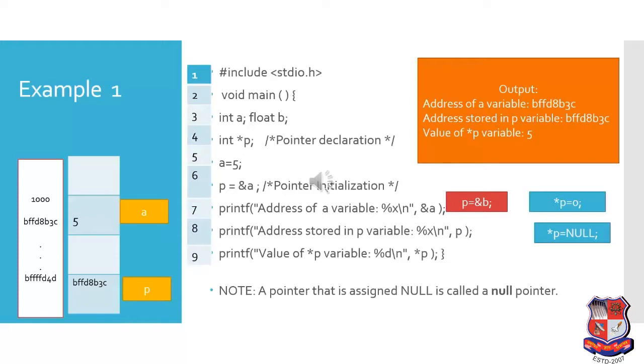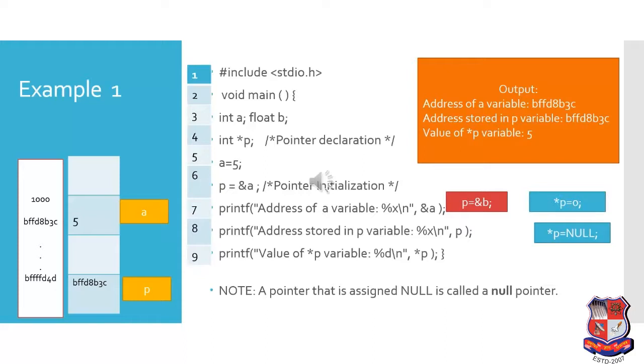Now, what if I assign P is equal to &B at line number 6? Instead of writing P equal to &A, I am writing P equal to &B. Here, the compiler will show an error. Why? Because while declaring the pointer at line 4, the data type we have written is integer.